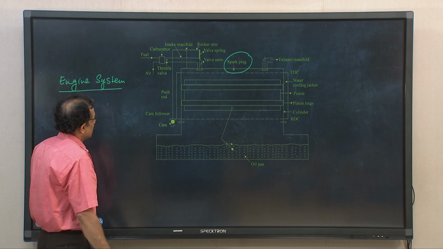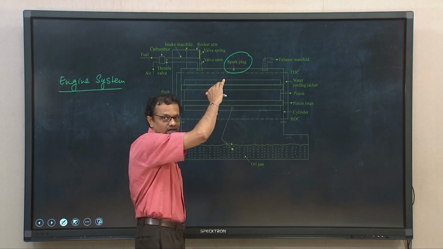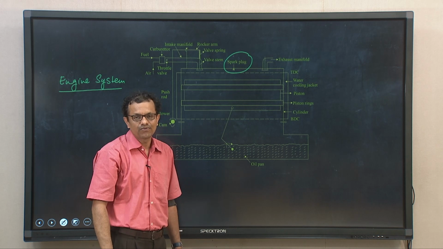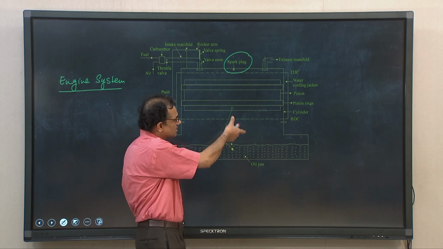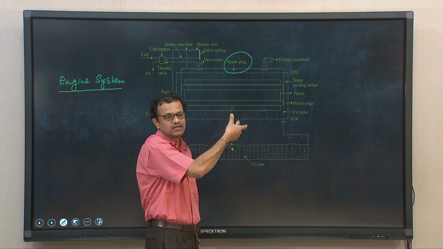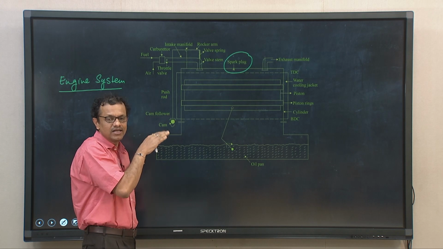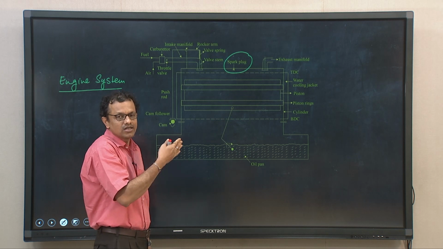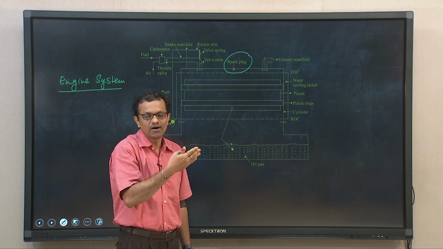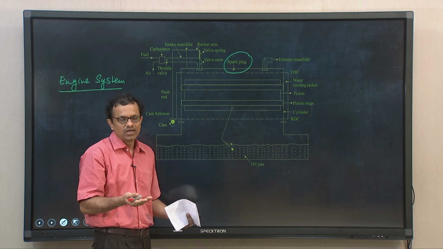Now, if we eliminate this component and have one fuel injection system, or fuel injector or fuel nozzle, then the schematic depiction will signify a compression ignition engine. So, whether the engine system has a spark plug or a fuel injection system, the engine nomenclature will change.